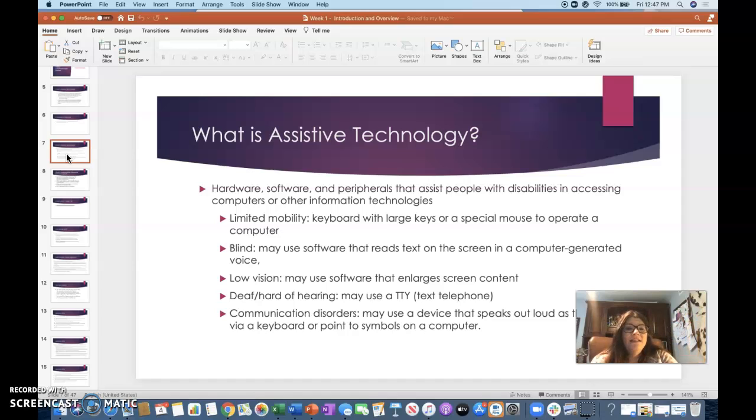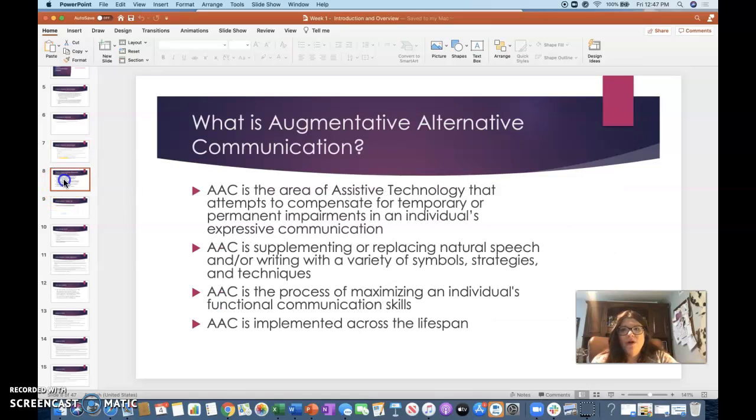If we had an individual who was deaf or had a hearing impairment, assistive technology would include things such as TTYs or text telephones. And then if we had someone with a communication disorder, we would be looking at a talker or a device that would speak out loud as they entered text or selected symbols on a keyboard.